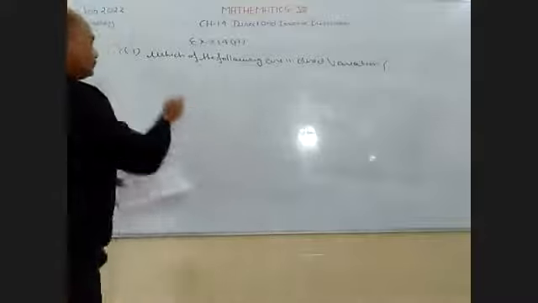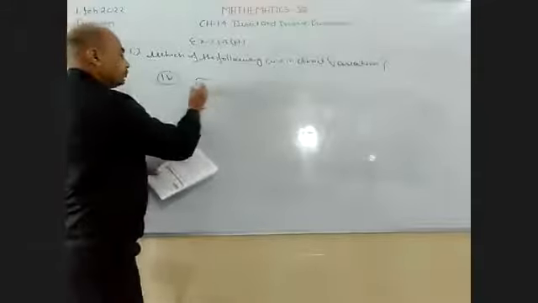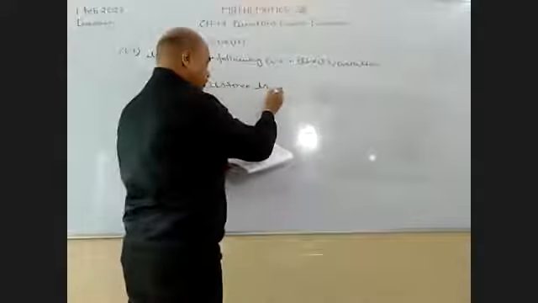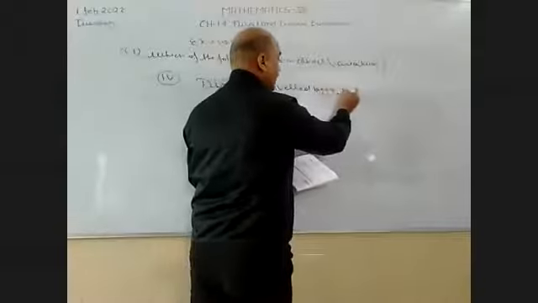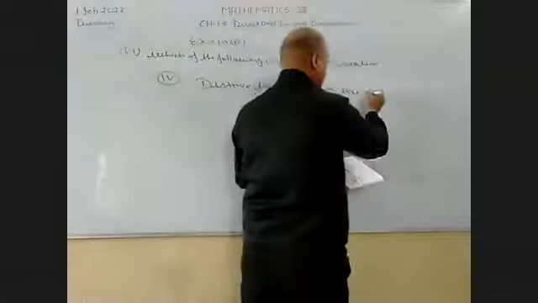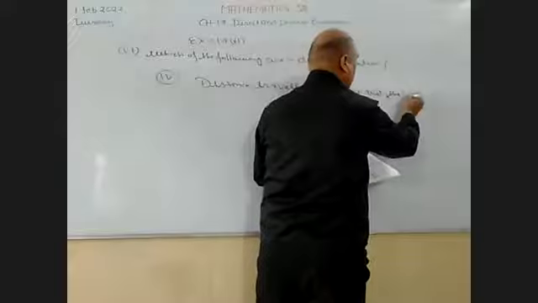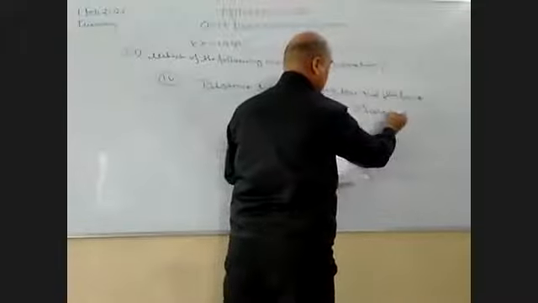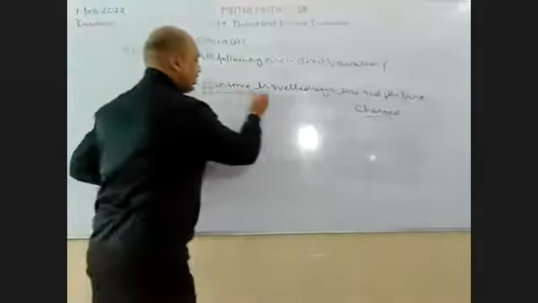In the fourth part, it is given the distance traveled by a taxi and the fare charge. Now we're going to check whether it is an example of direct proportion or indirect proportion.